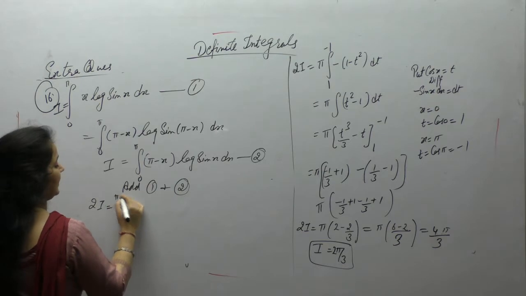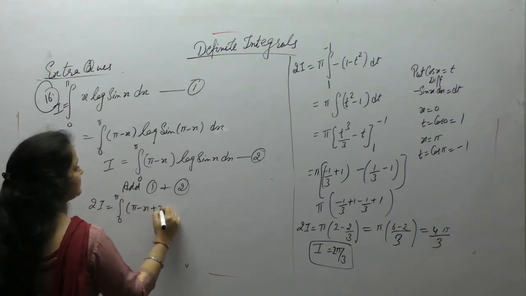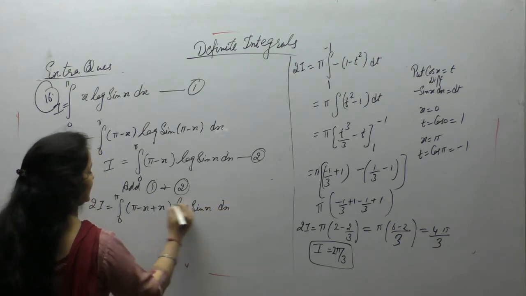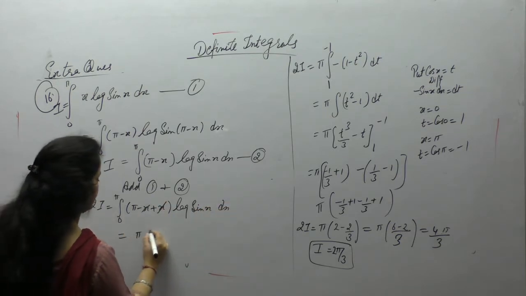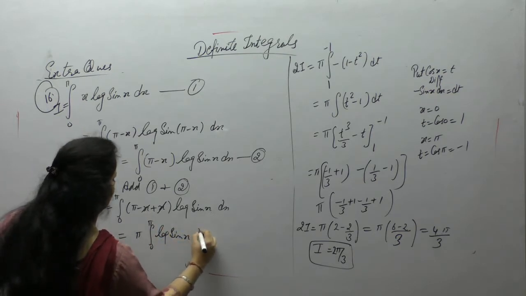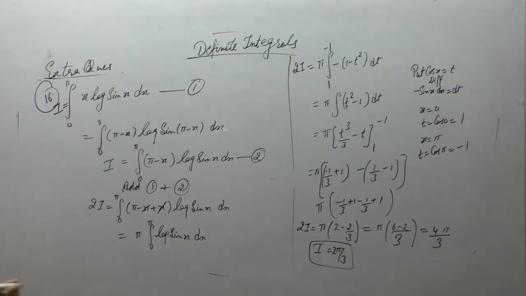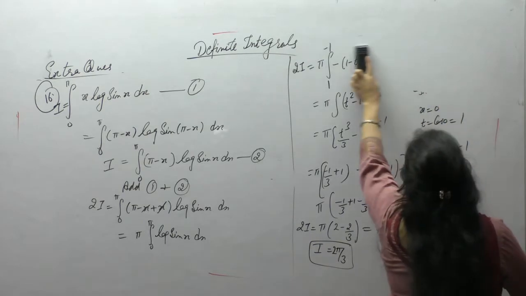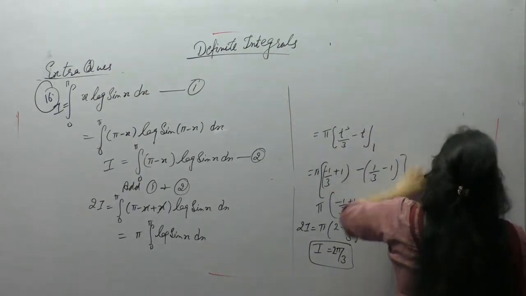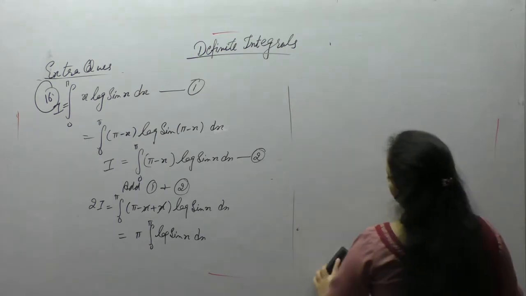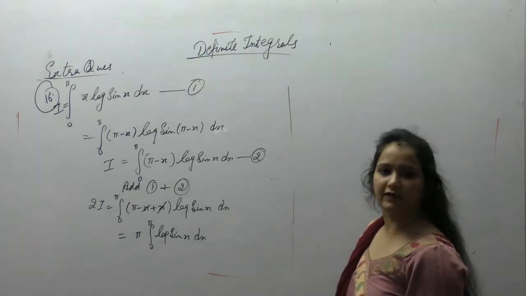Zero to pi, pi minus x plus x log of sin x dx. Pi, 0 to pi log of sin x dx. Now integral 0 to 2a f of x dx is equal to 2 times 0 to a f of x dx when the function is even.